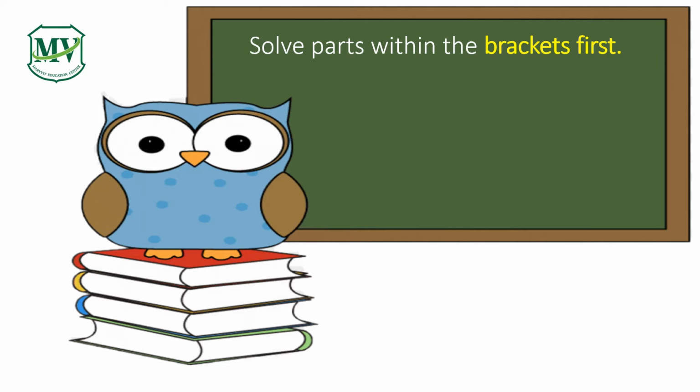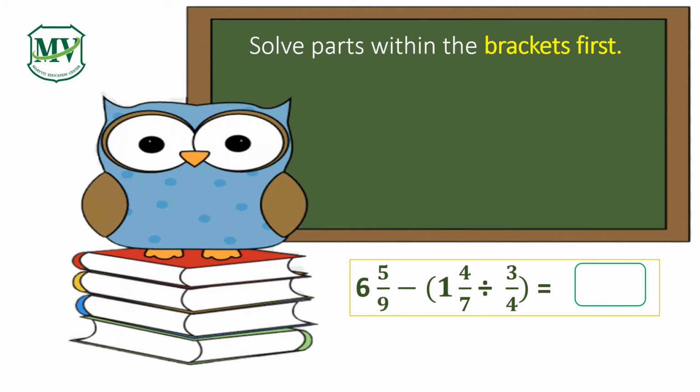Following the order of operations, we will solve parts within the brackets first. From our given equation, we will simplify first the quantity of 1 and 4/7 divided by 3/4.